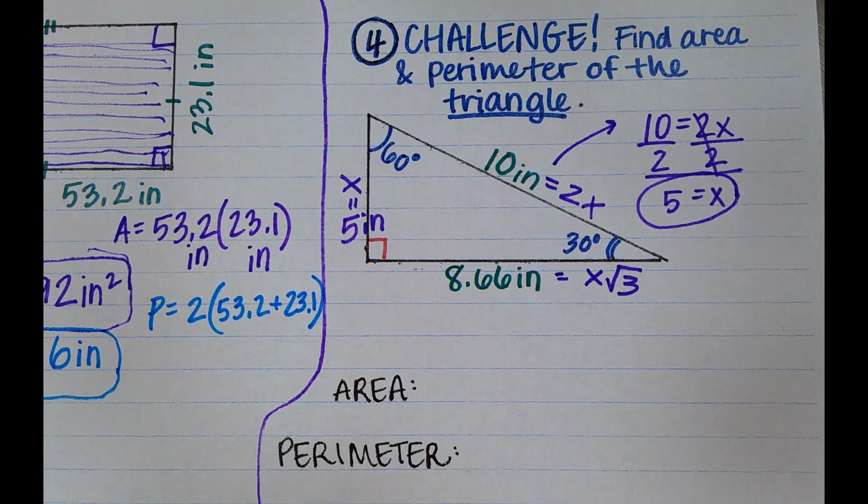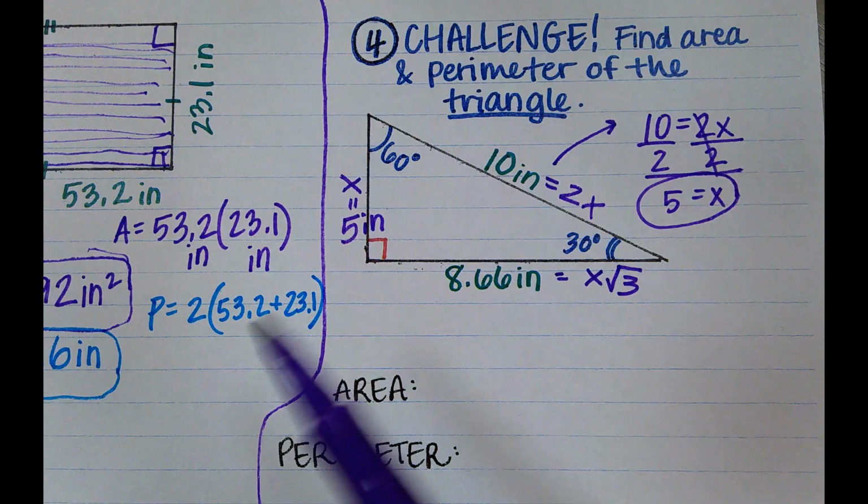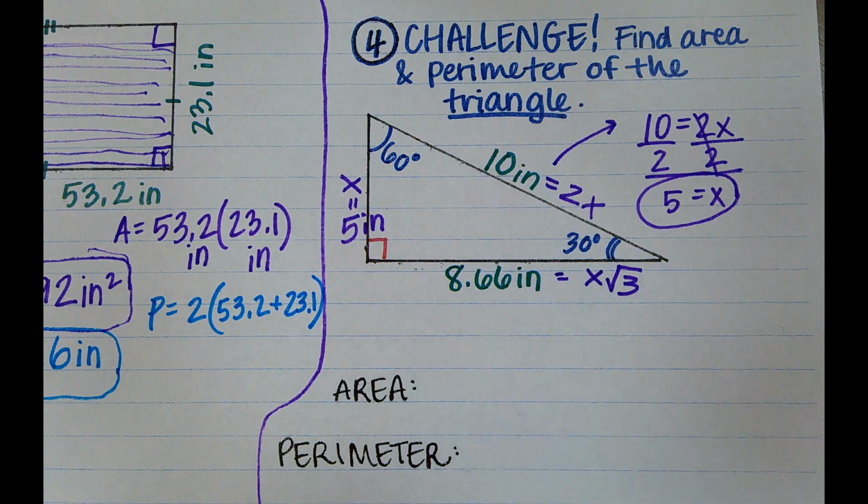You're right. So I haven't given you the formulas for these, but are we able to figure out either area or perimeter with this information? On perimeter, you add all the sides. Yeah, perimeter we can find right now because we have all three of our sides. So what would we do with those three sides? Add them together.